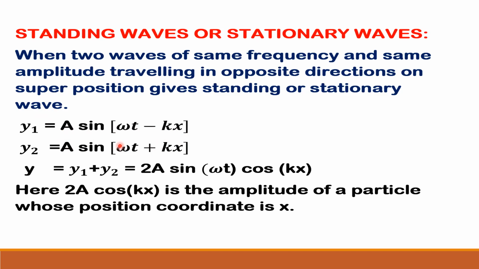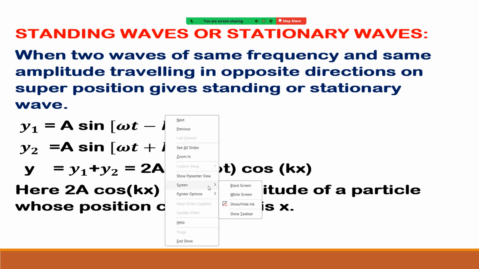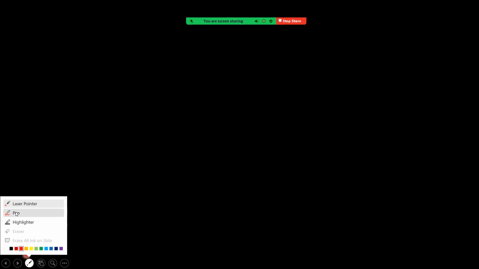Okay, I will write here once. Let us see. We have taken y1 equal to A sine(omega t minus kx).